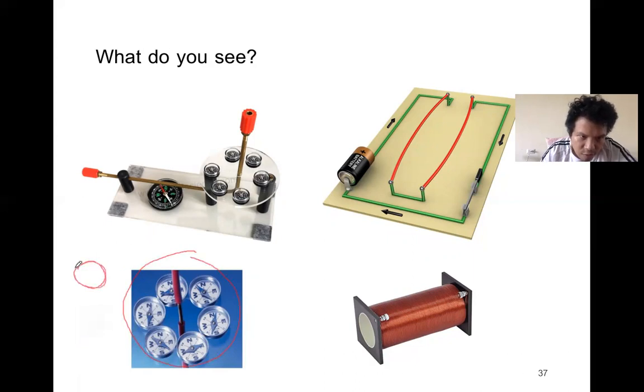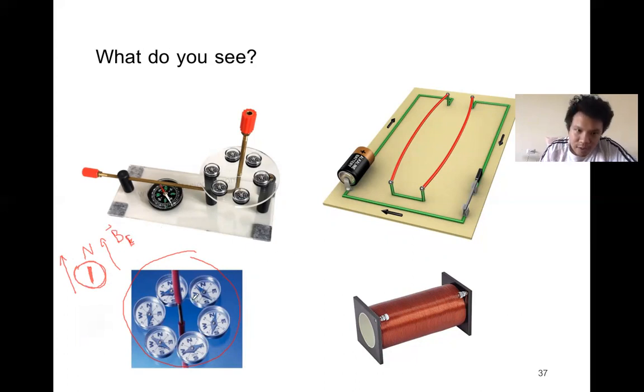What we always see from the compass is that it points to the north, because of the magnetic field of the Earth, B Earth. It is pointing towards the North Pole.